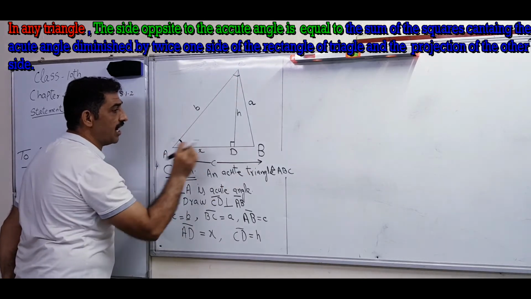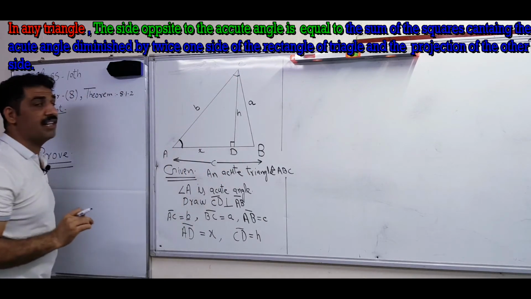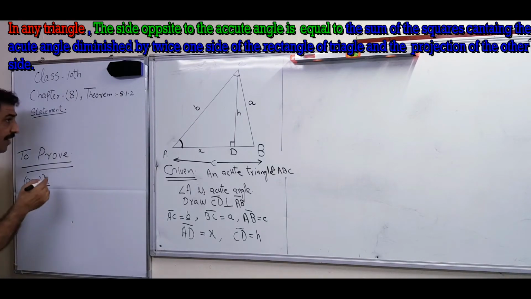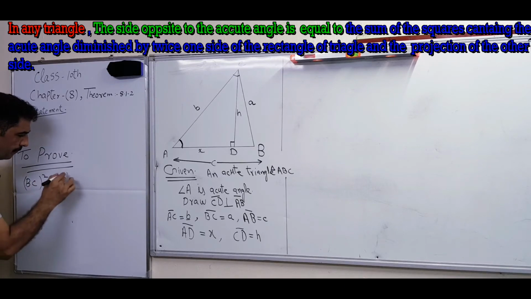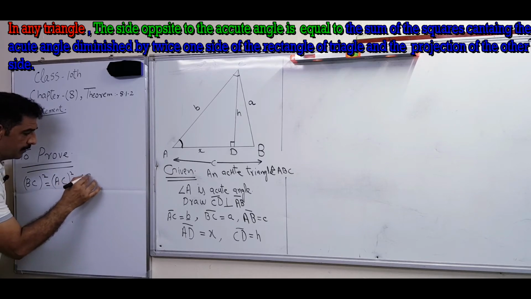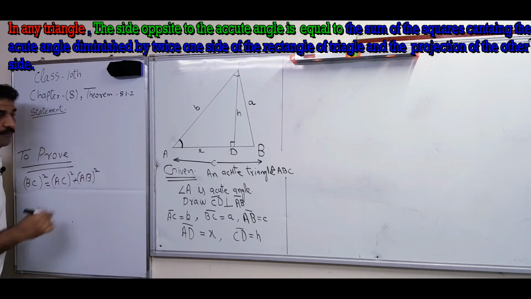These two sides are making the acute angle. We have to take squares and sum. So we have to write that AC square plus AB square. We are going with the statement.